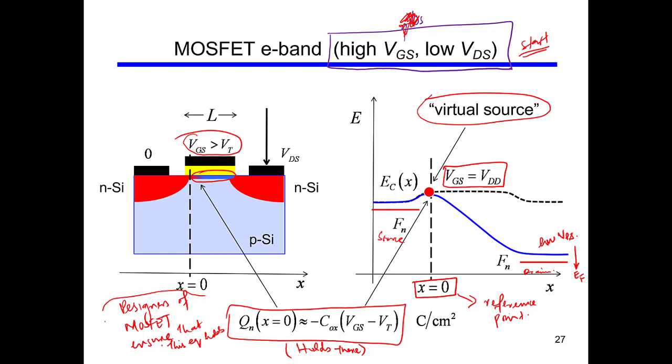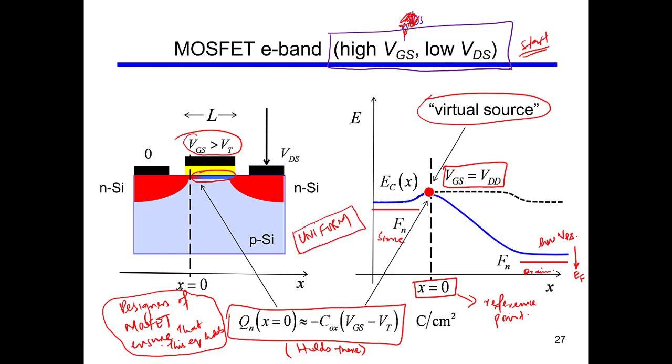It is very important for them to design the transistor in a way that this equation holds at the virtual source. So we start with developing the equation for the saturation region with a very high VGS, which is equal to VDD, and a low value of VDS. And the channel looks something like this. It looks like the channel is sort of uniform.